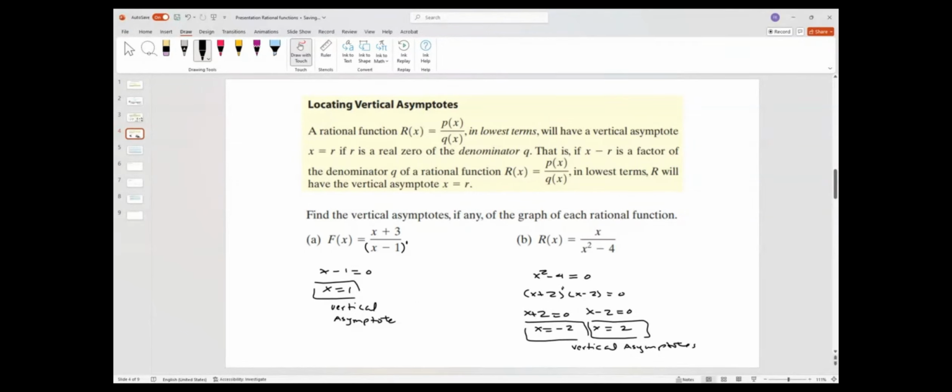These two factors have multiplicity 1. So the behavior you're expecting near those vertical asymptotes in both examples is similar to the behavior when the multiplicity is odd.